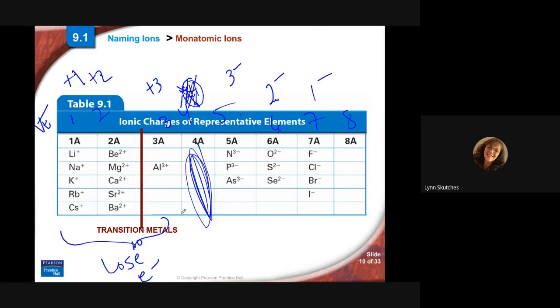It goes pretty simple: 1, 2, 3, skip over this one, 3, 2, 1. And of course, noble gases don't need any more valence electrons because they're already full. So for me, it makes more sense. Keep in mind, electrons are negative. Lost 1, lost 2, lost 3. Skip the middle group. Gain 3, gain 2, gain 1.